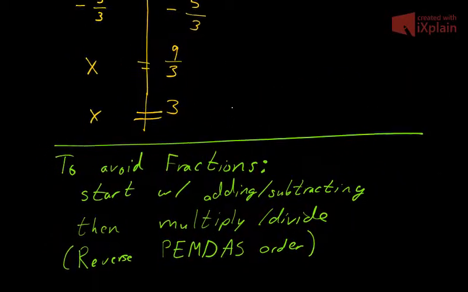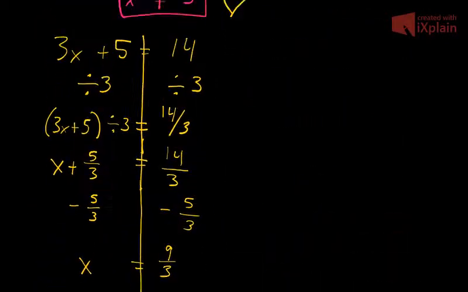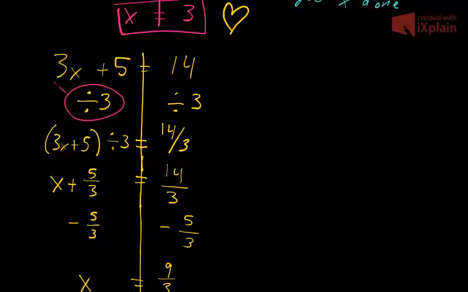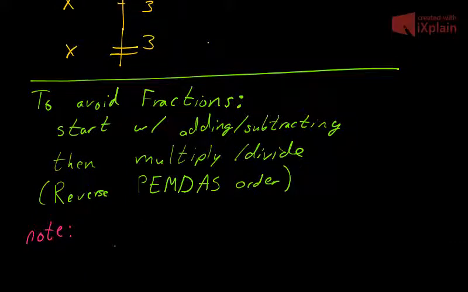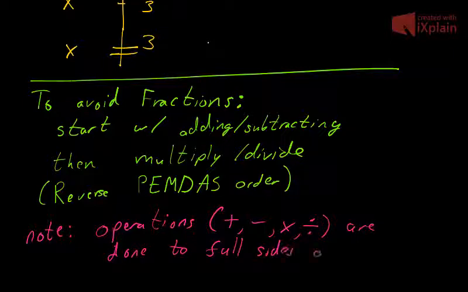So looking at this, we had to make a couple notes. Just a quick last note. The reason it was so hard is that when we do something to a side, we have to do it to the whole side. Dividing by 3 there, I had to do it to a whole side. So my note is that operations, if you don't know what operations are, those are adding, subtracting, multiplying, dividing, have to be done to full sides of the equation.